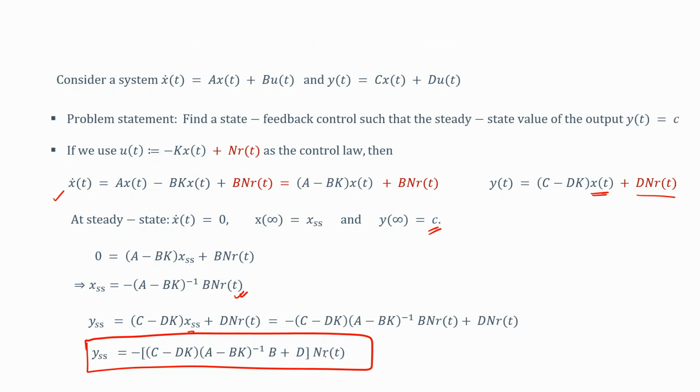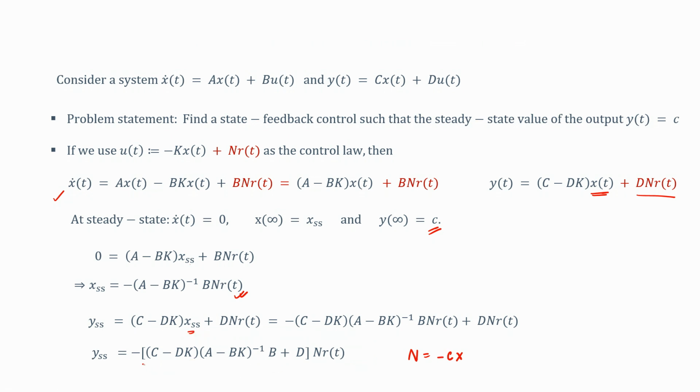So if I choose n to be negative of c times the inverse of this matrix, let me call this matrix delta, then n is replaced by minus c into delta inverse, and I get this to be equal to c r.